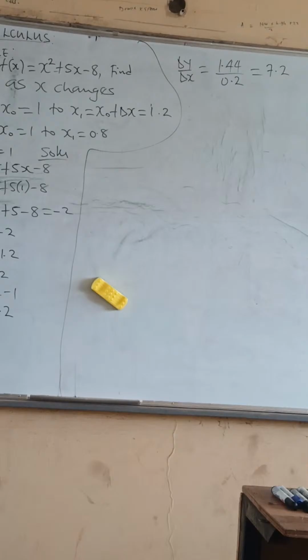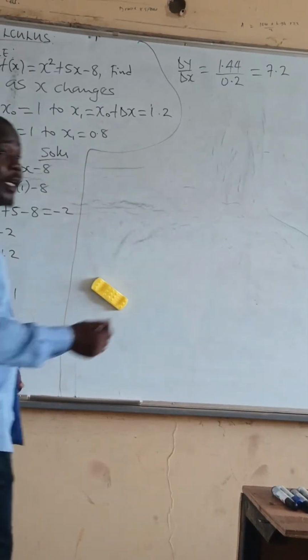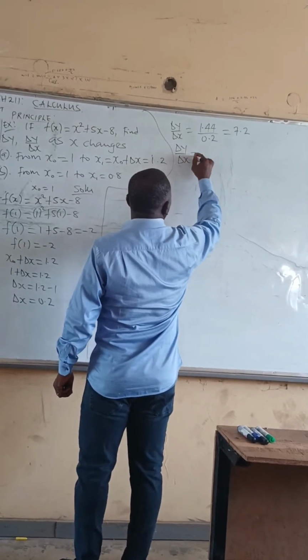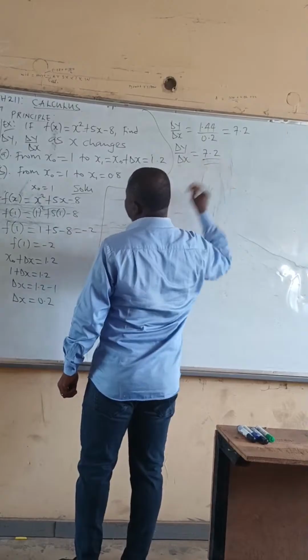Yes. 7.2, right? Amen? So our dy over dx is equal to 7.2, right?